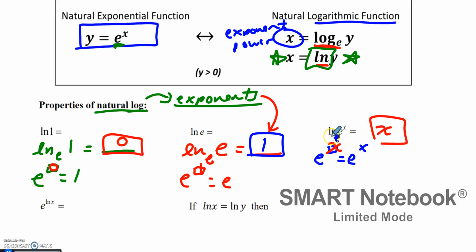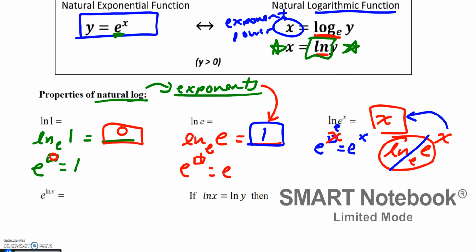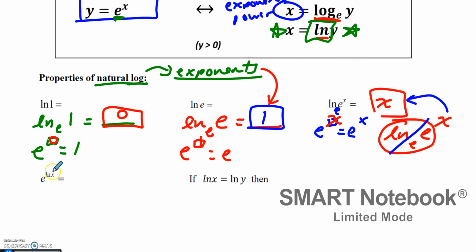You again could think of ln and e because you have ln base e of e to the x. These things right here are inverses, exponential and logs. They technically cancel out, which is why your answer is x. In the same way, when you have e to the ln of x, these are inverses of each other, so the answer is also x, just like log base 10.